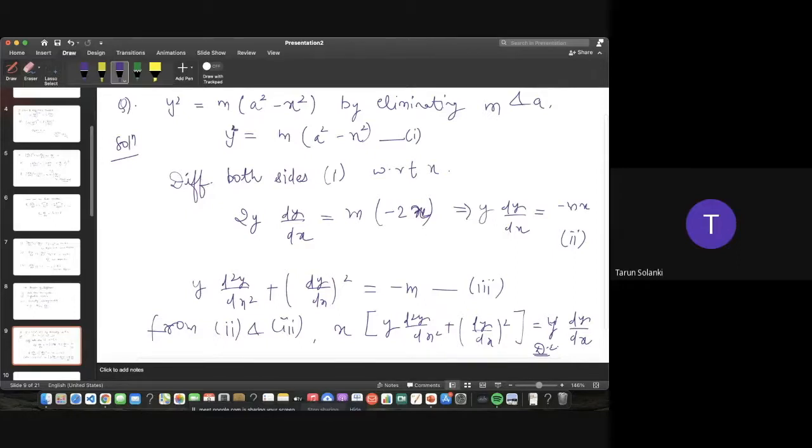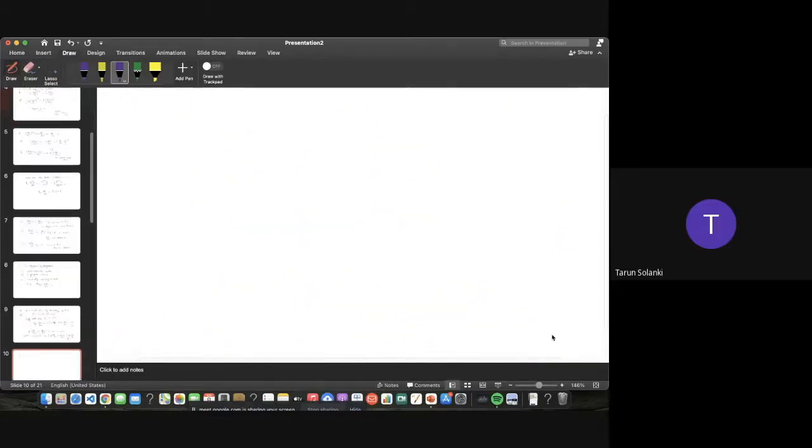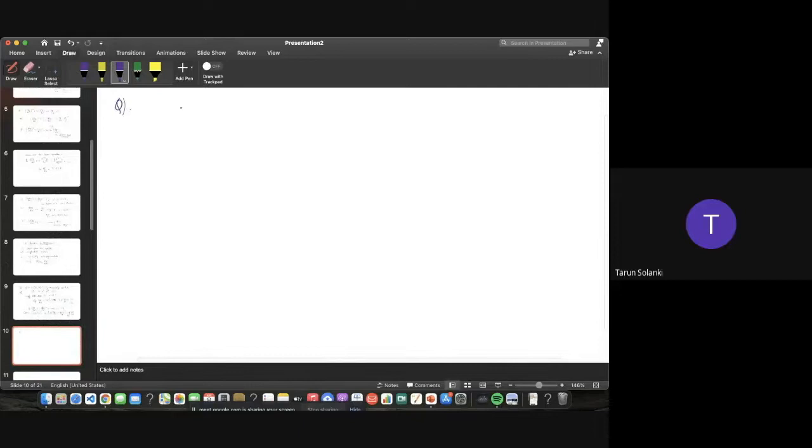Now we take one more question. The differential equation representing the family of curves y equals a cos(x plus b), where a and b are parameters. So solving, y equals a cos(x plus b).